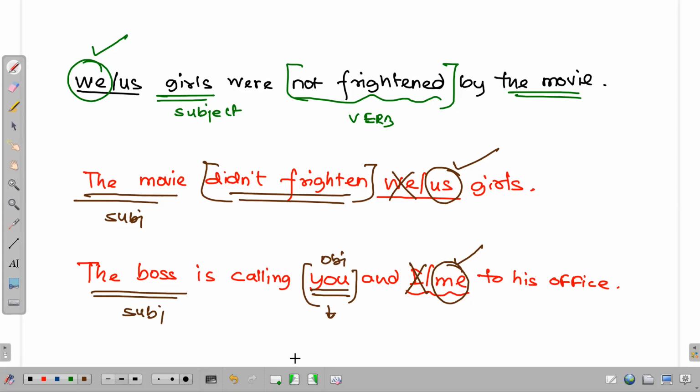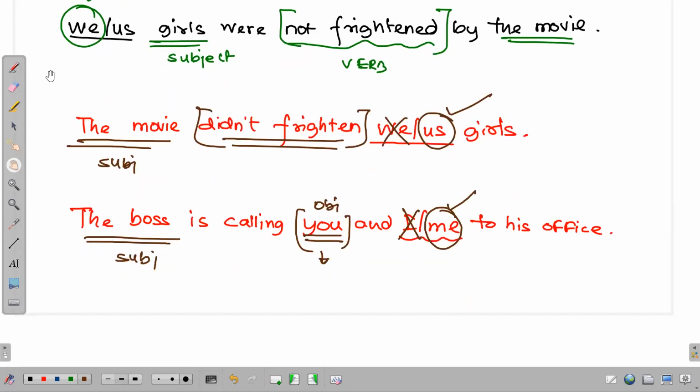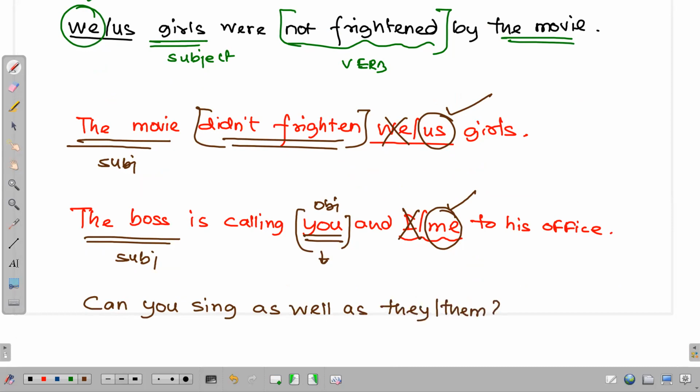And whenever you compare, please compare with the subject. For example, if you say, can you sing as well as they or them? Them sounds better but is wrong. They will be the correct one, because now you're comparing the subject.